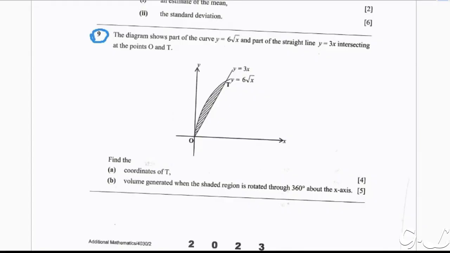Find, part A, the coordinates of T, and part B, the volume generated when the shaded region is rotated through 360 degrees about the x-axis.